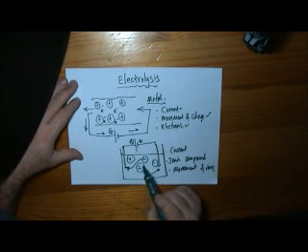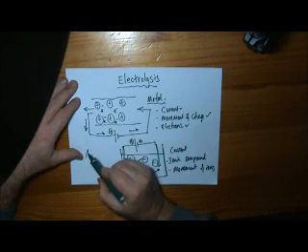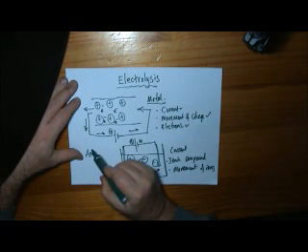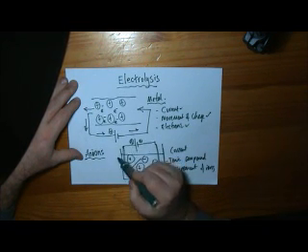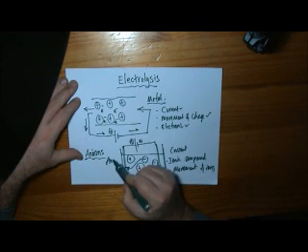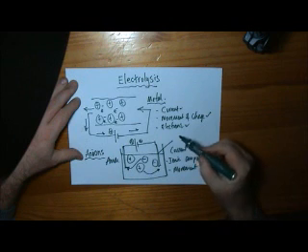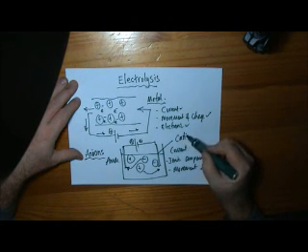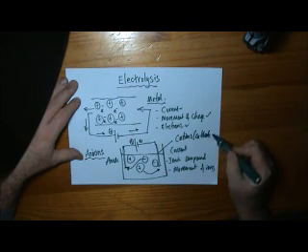Now the ions that move to the positive electrode are known as anions, because they move to the anode. The ions that move towards the negative electrode are known as cations, because they move to the cathode.